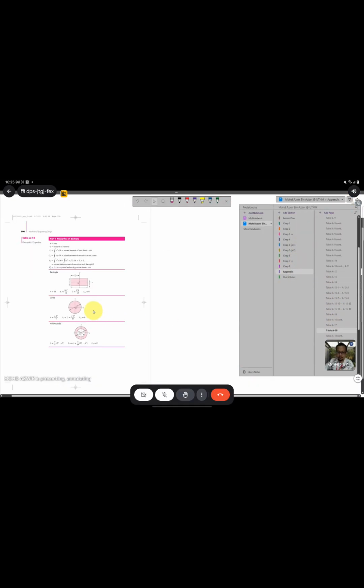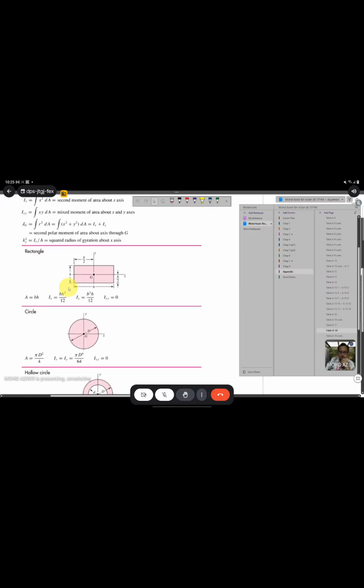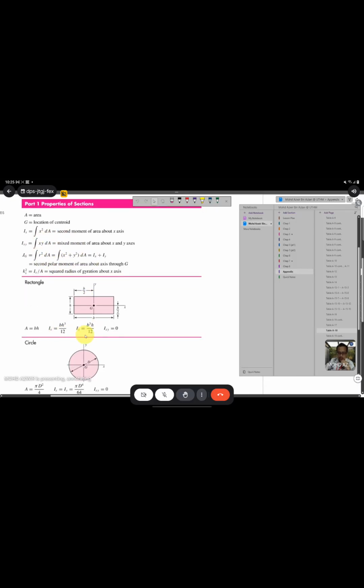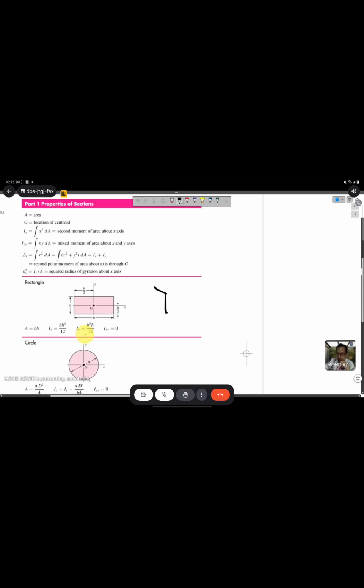If you look at the formula in the appendix table A18 here, this is your B, this is your H. Then your I will be, which one do I want to use, Ix or Iy? This is your neutral axis, as we discussed before.